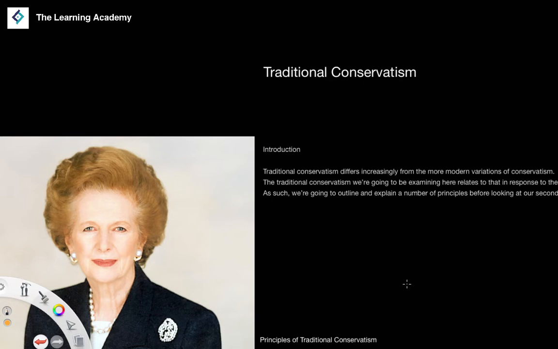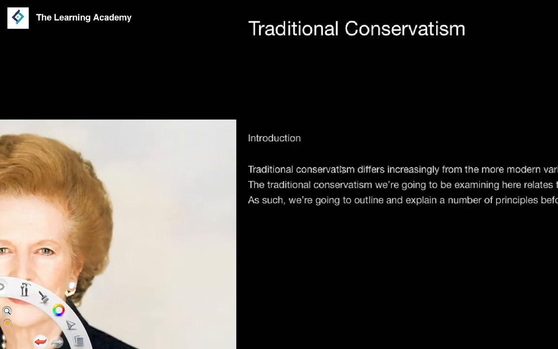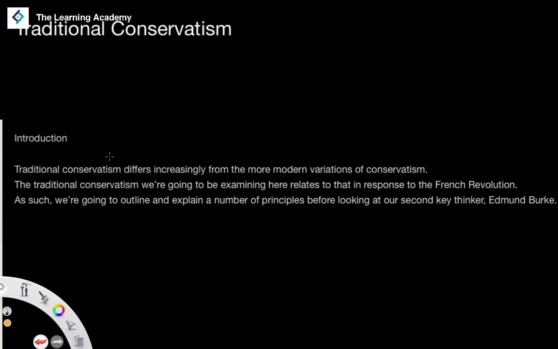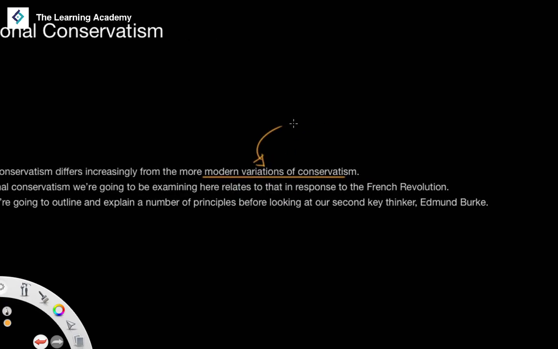is Edmund Burke. So, as an introduction, traditional conservatism differs increasingly from the more modern variations of conservatism. So by more modern, we can explore ideas such as one nation conservatism, which we'll look at in the next lesson, as well as the new right conservatism.